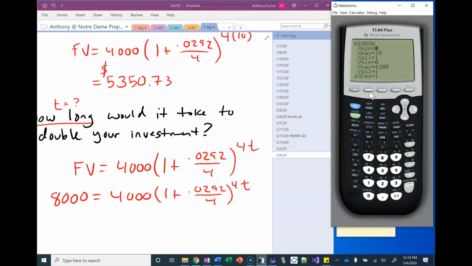For my window, x is representing time. So 0 is a good minimum. The maximum I know has to be more than 10 because 10 only gets me to 5,000. I don't really know what it's going to be. I'm just going to pick a big number like 50. If I have to, I can go back and make that bigger yet, but I'm just taking a guess. I know it has to be bigger than 10.